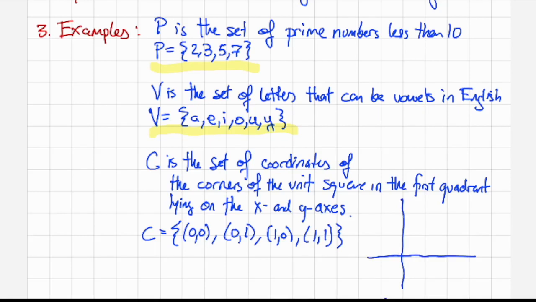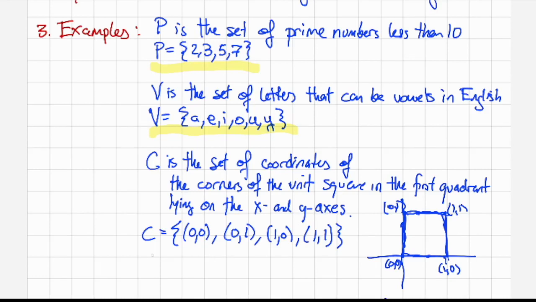We have a unit square that is in the first quadrant, lying on the x and y axes. Okay, unit square means side length is 1, so this is (0, 0), this is (1, 0), this is (1, 1), and this is (0, 1). Those are the corners of the unit square in the first quadrant that lies on the x and y axes.